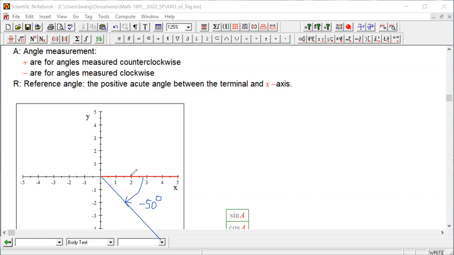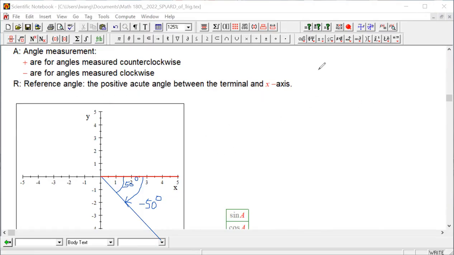What would be the reference angle between the terminal and the x-axis, the positive acute angle between terminal and x-axis? The reference angle for negative 50 degrees is going to be 50 degrees. So this is the definition of reference angle.